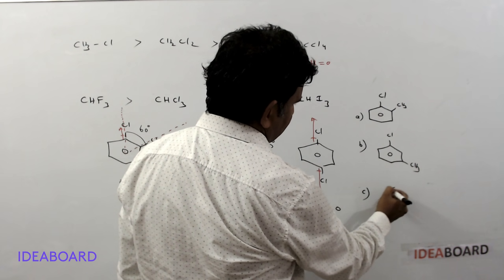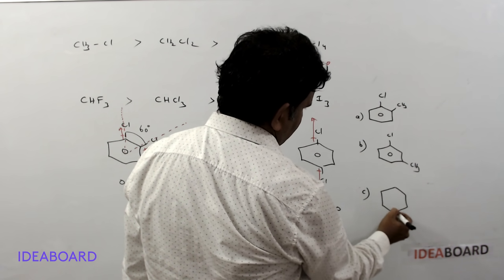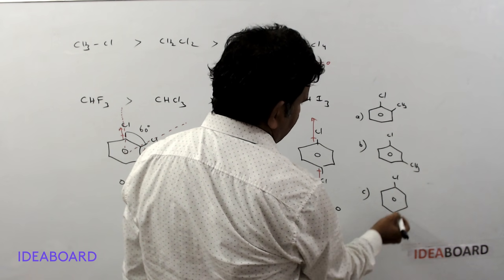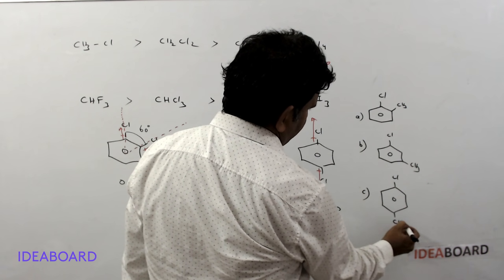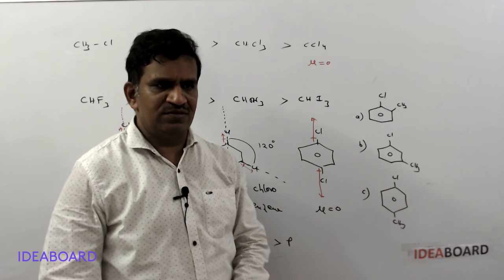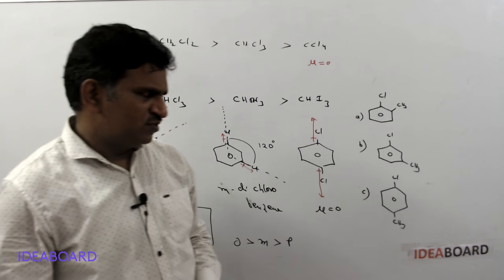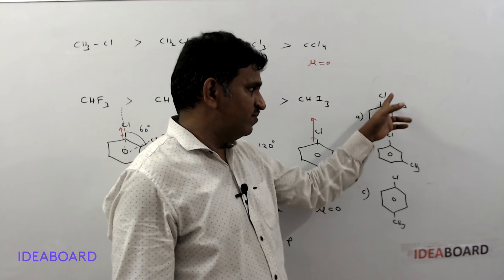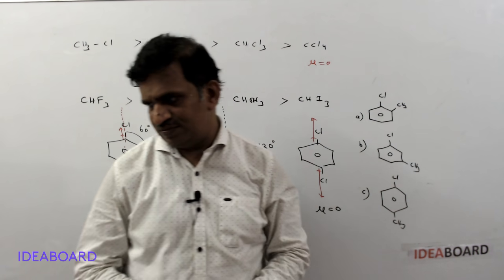And C, this is chlorine and this is a methyl group. Write the order of dipole moment for these A, B, C molecules in the comments box.